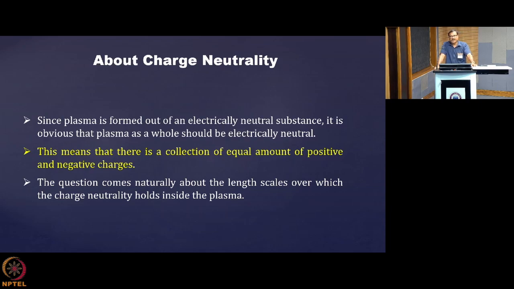So what you find is that the ultimate substance which has been created in the name of plasma should be electrically neutral, isn't that? Now this means that what we are getting is an equal number of positive and negative charges, but they are separated in the plasma state.